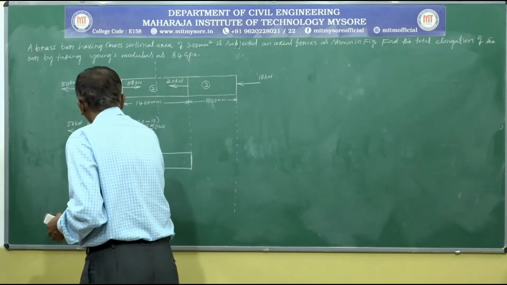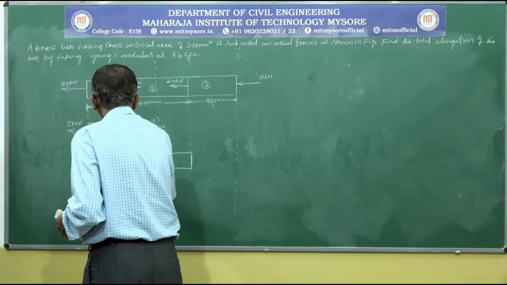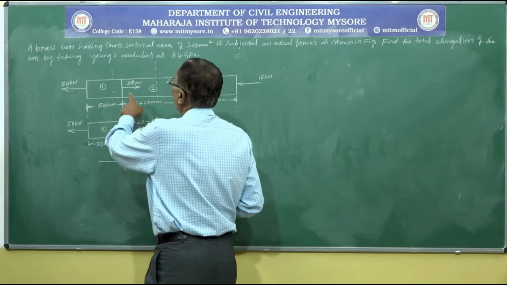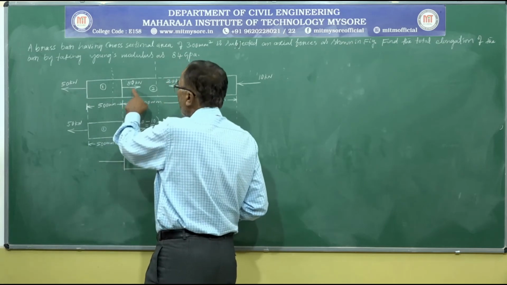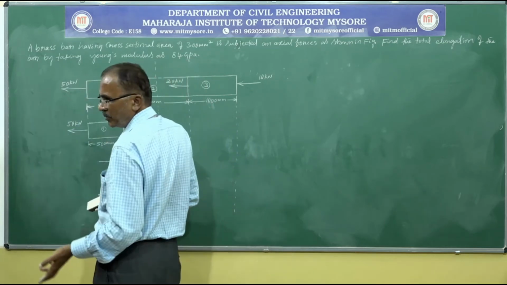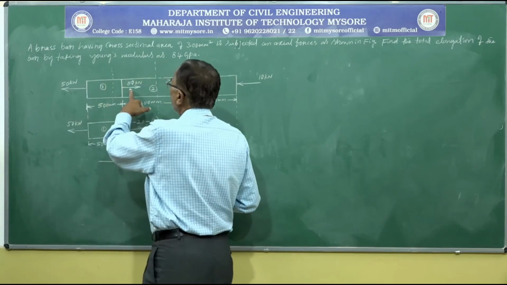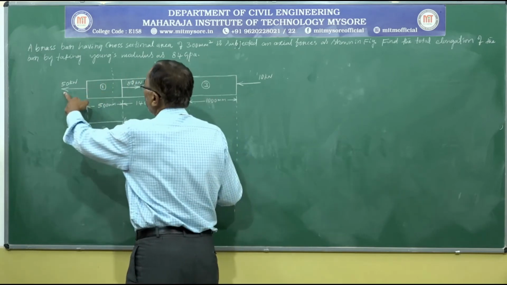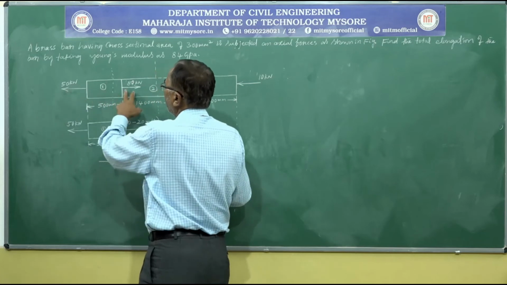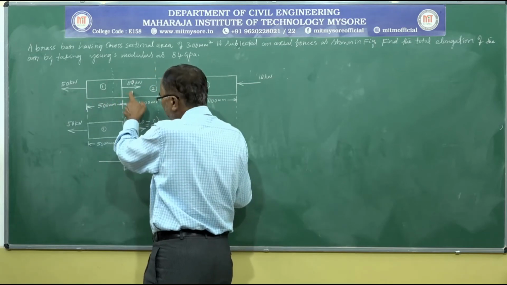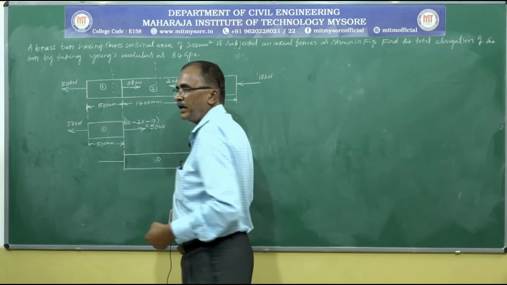So now, considering the left hand side, I am considering 80 kilonewton as positive. Either one you can consider positive, automatically the other direction will be negative. So 80 minus 50 is 30 kilonewton, and that remainder load is acting in the rightward direction.